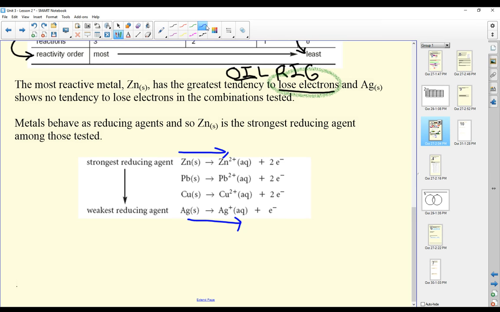So what this means is that Ag solid does not want to undergo oxidation, whereas zinc does. And what that means is that because zinc wants to undergo that oxidation, it will make something else undergo reduction. All right, I'm going to stop sharing here just so we can take a break, and then I will come back with part 2 right away.